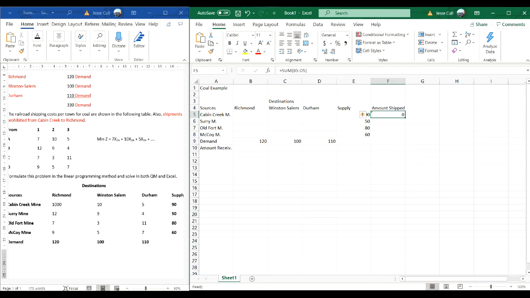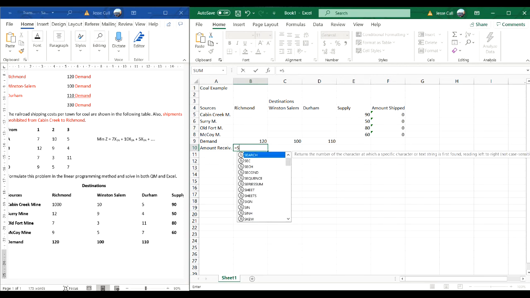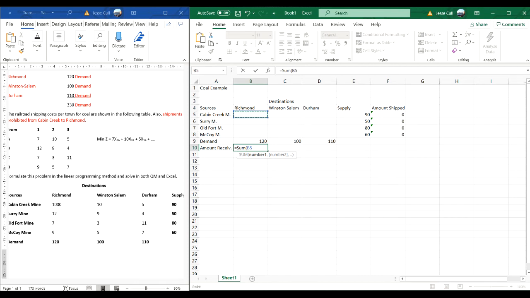We're going to fill that down for all 4 suppliers. Over here, we do a similar thing: equals amount received, sum, and we add these up. And again, we fill right.